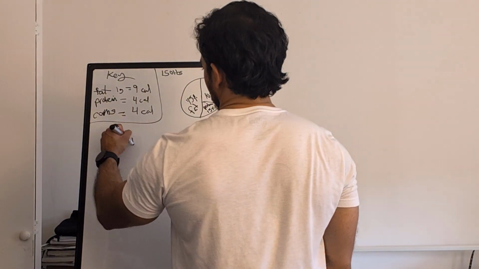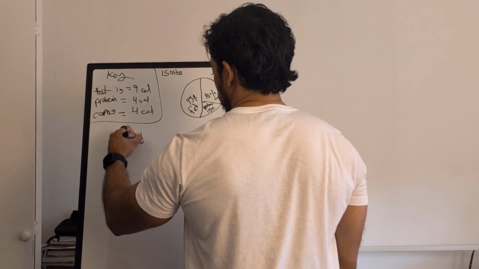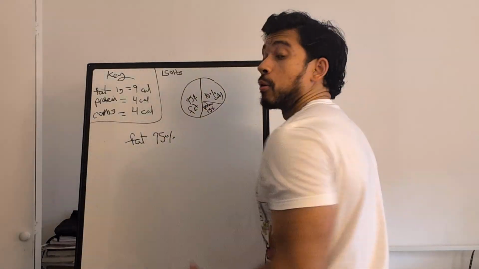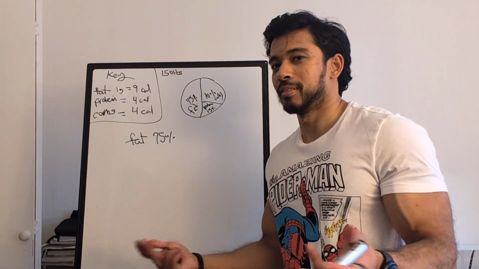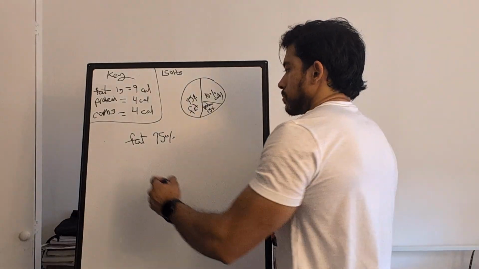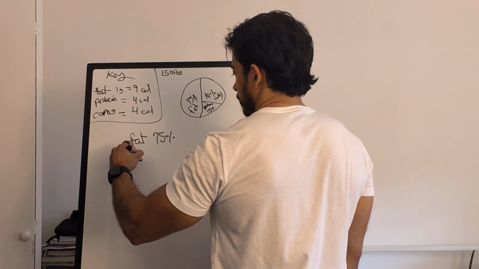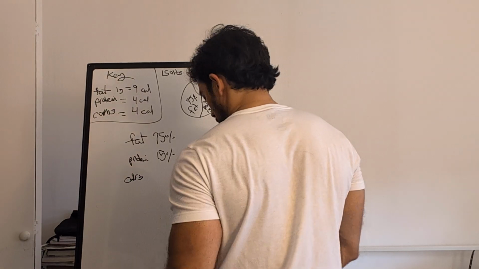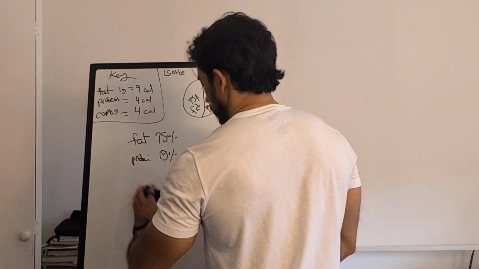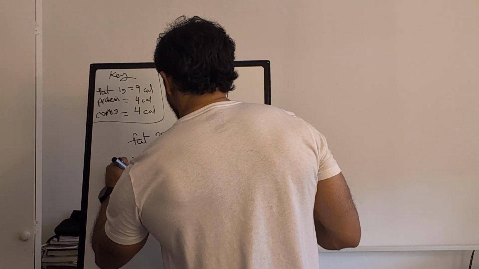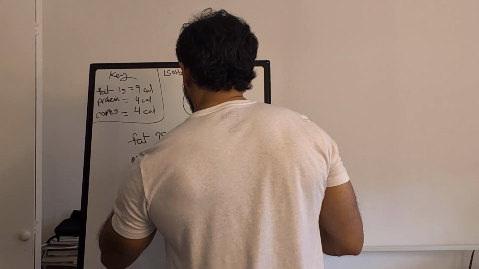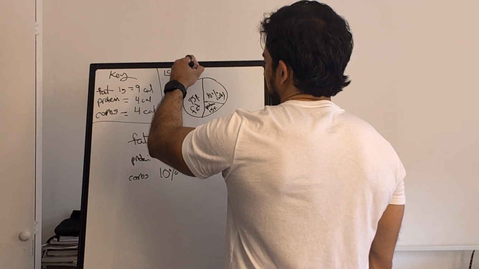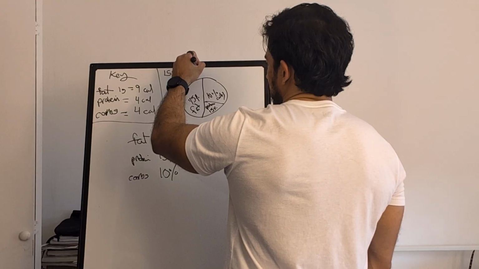So we got 10% carbs, 75% fat, and this is the diet I will follow. You don't have to do this, but it's the diet I will follow. Protein is 15%, and we got carbs. Oh man, I can't write today. Carbs at 10%, right?